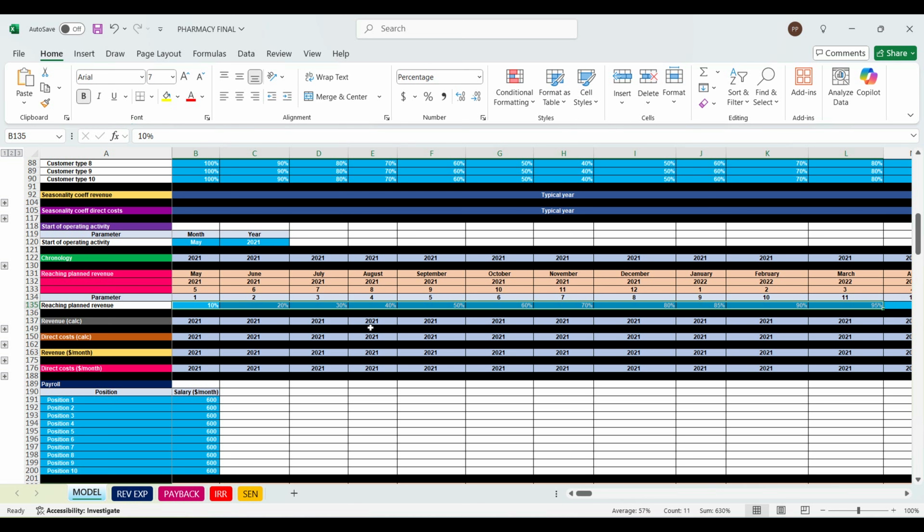For example, in scenario A, you will need $1 million if the business reaches target revenues faster, and you will need, let's say, $1.5 million if the business reaches its break-even point during the first 8 or 12 months of operating activity.